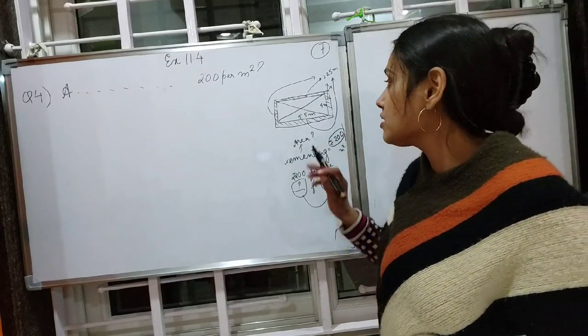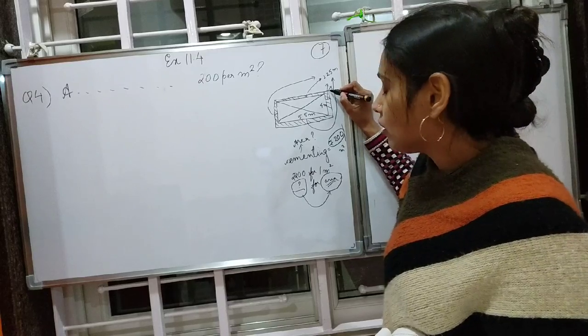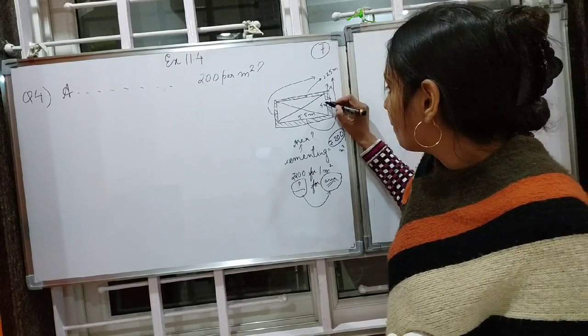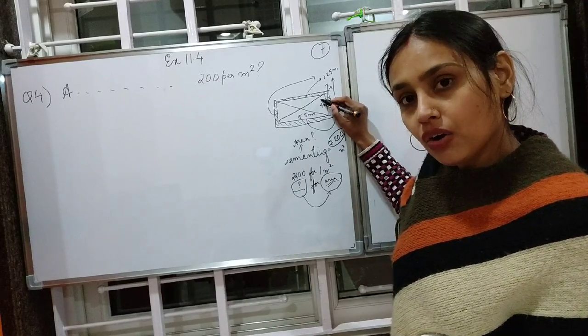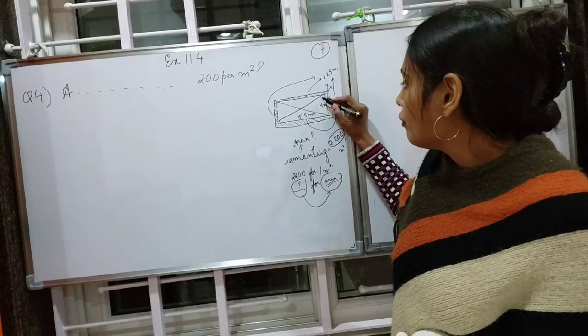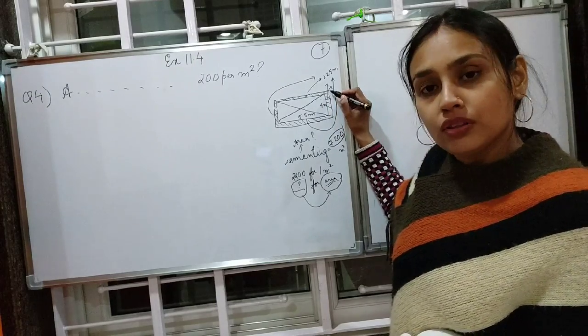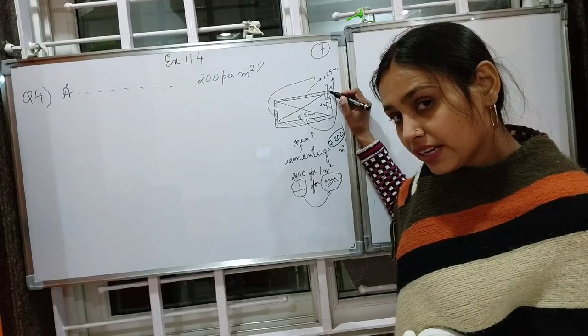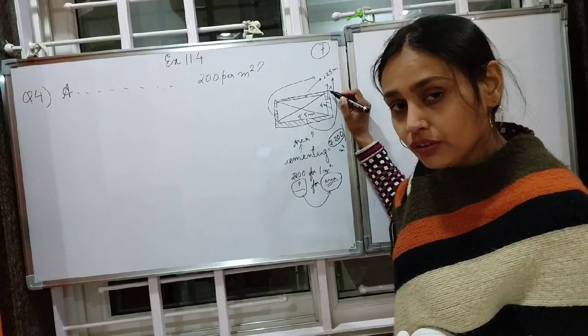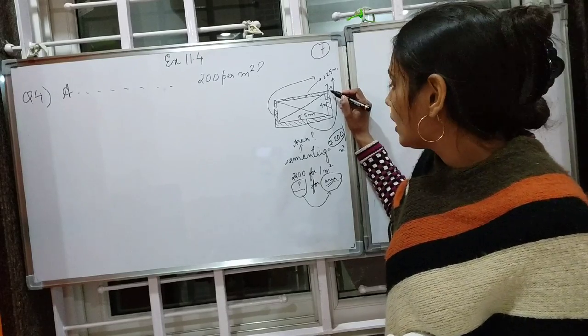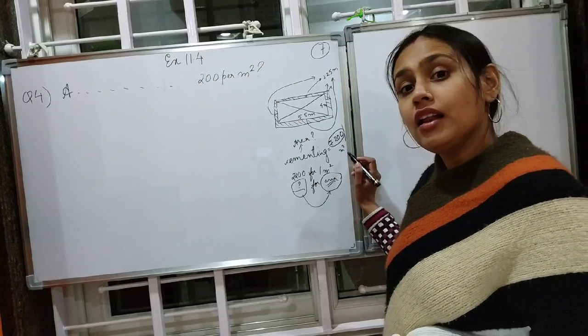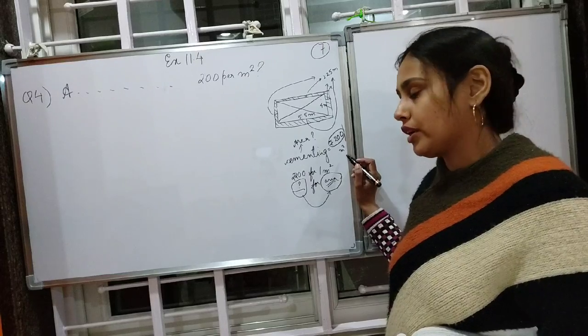That means area of the new rectangle minus the area of the room. For that we need to know the length and breadth of the new rectangle. So let's see how we can get it.